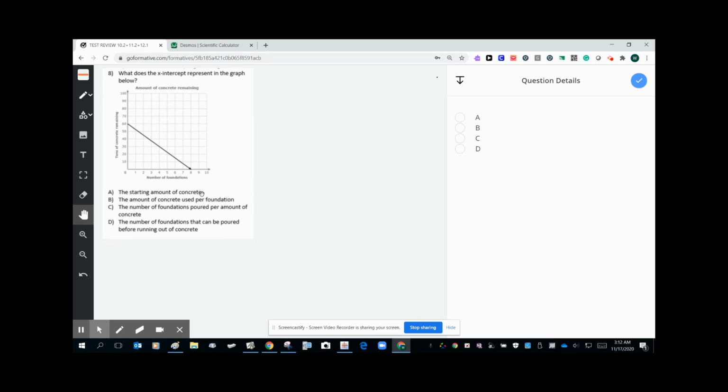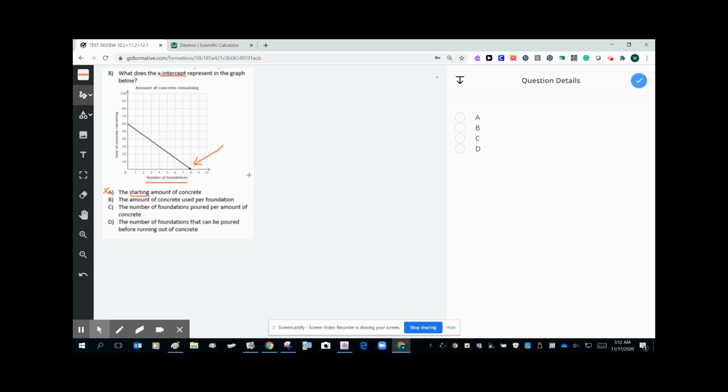The next one is looking for the x-intercept again. So we'll look at the x-intercept right there. And this is talking about the number of foundations and tons of concrete. Okay, so the starting amount, that means that this would be the y-intercept.